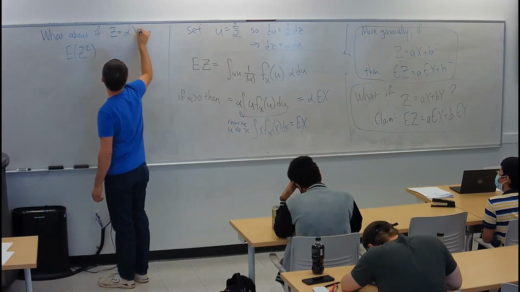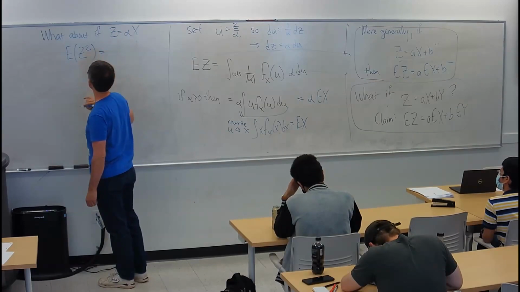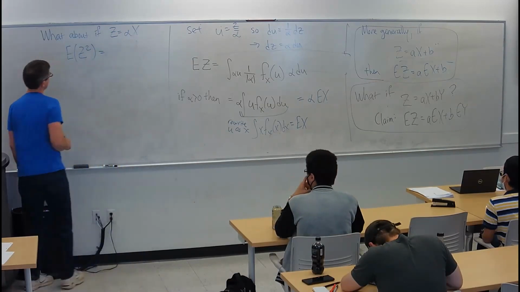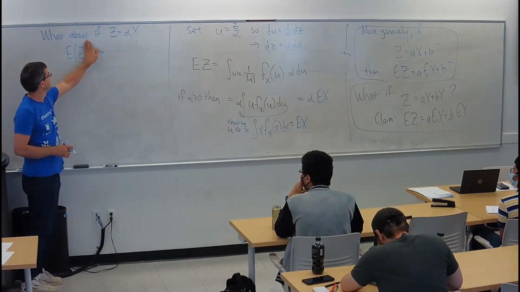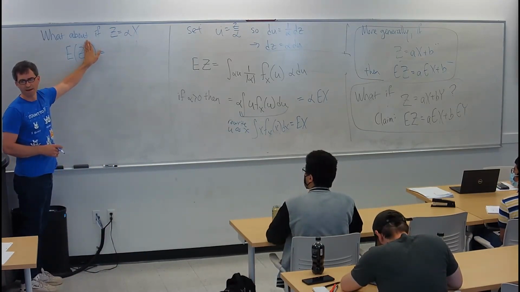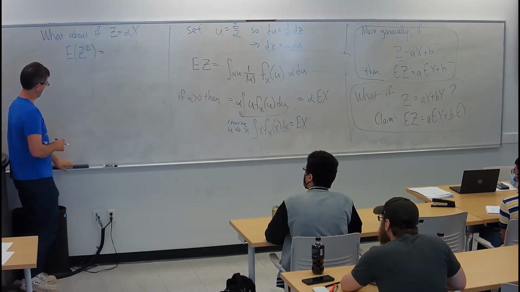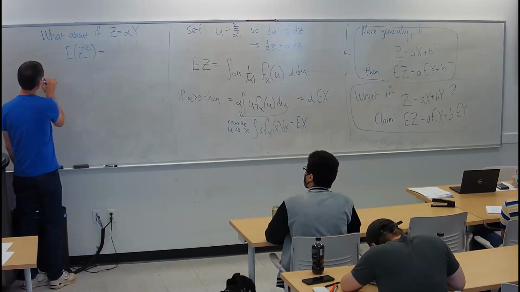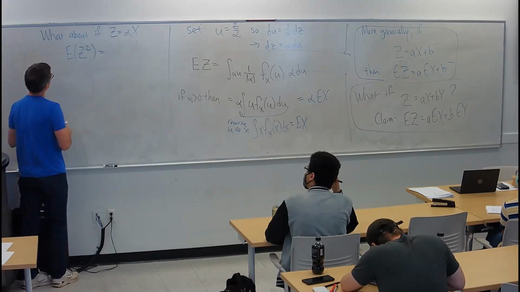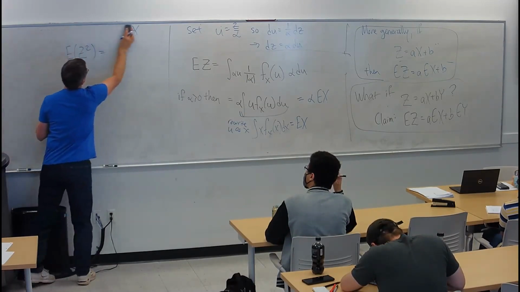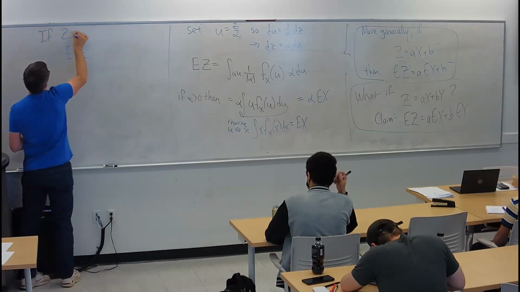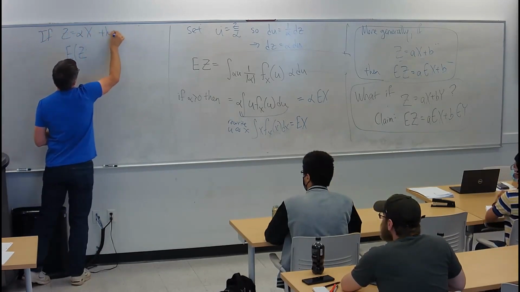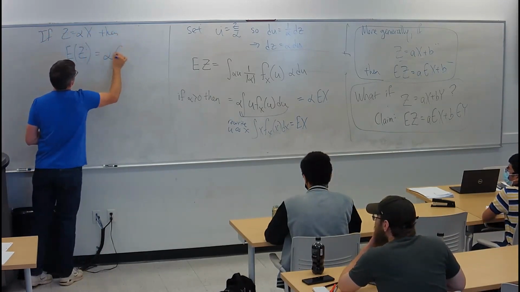Z was alpha X. What do you think might happen here? If I had E of Z, I had alpha E of X. So I'm going to rewrite this in a way that might be a little easier for notes. Just going back to that, if Z is alpha X, then we found E of Z was alpha E of X.